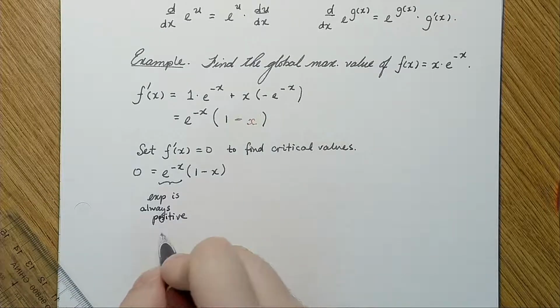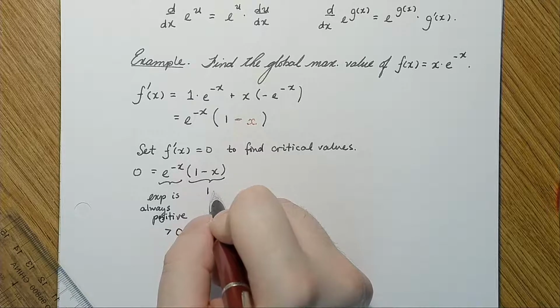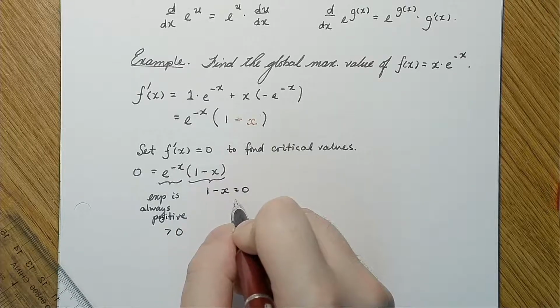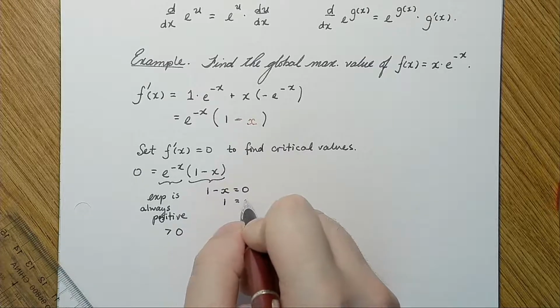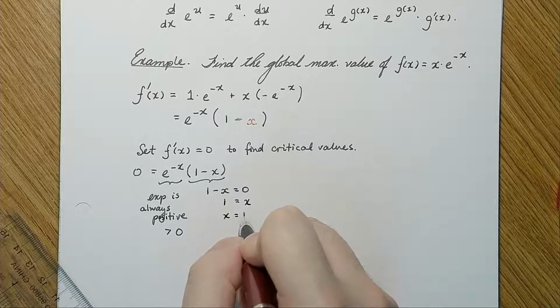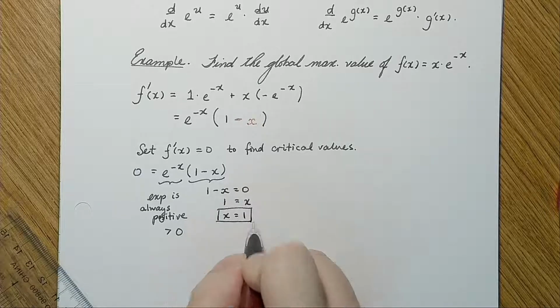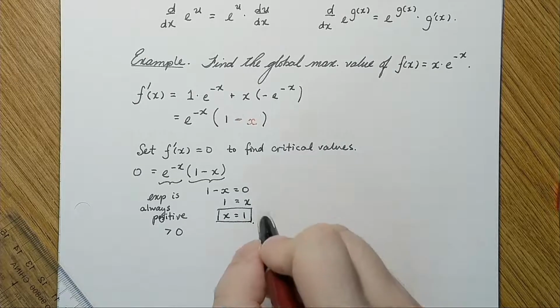So we'll say that this is greater than 0. And over on this side, I have 1 minus x is equal to 0, so x equals 1. Okay, so that is our critical value.